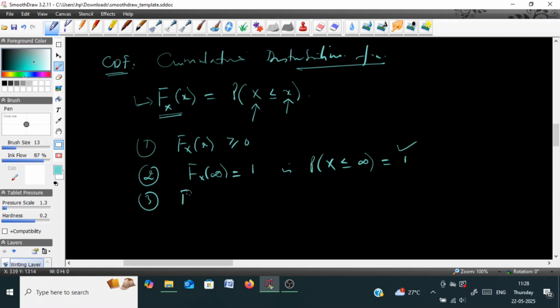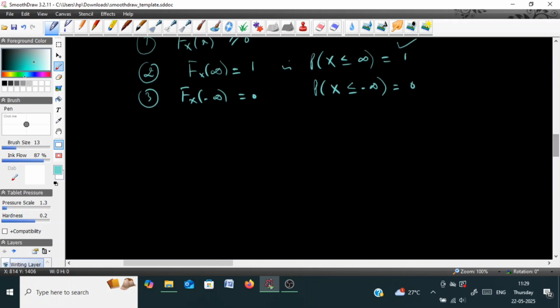F_X(minus infinity) is of course 0, because the probability of X less than or equal to minus infinity will make it 0. And another important property is that F_X(x), which is a CDF, is a non-decreasing function, or you can say it is an increasing function.